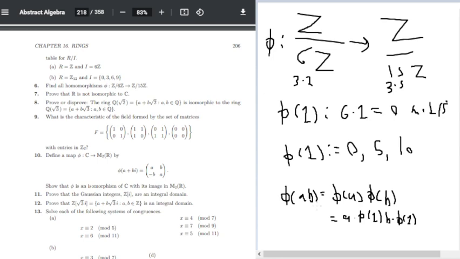So we know that has to hold. So yeah, I'm pretty sure from the looks of it, the homomorphism should hold.